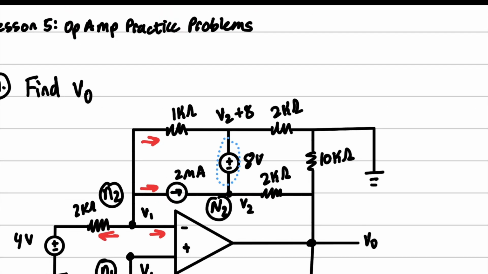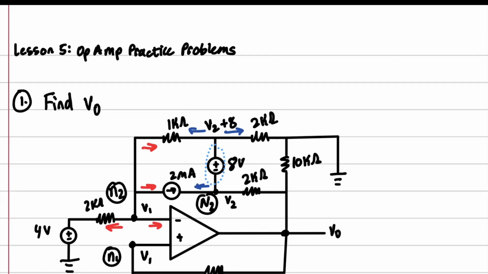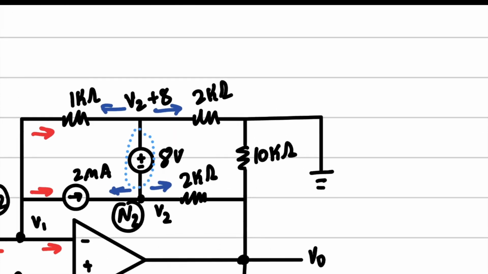So this supernode is going to have a current going this way, this way, this way, and this way. Notice how I didn't write a node right here because we know that this is just 0 volts because it's connected to ground.